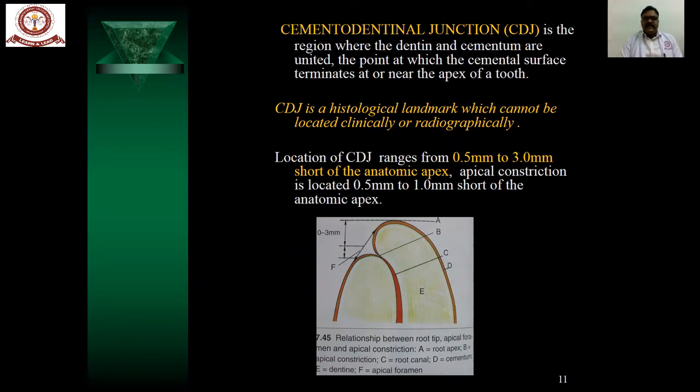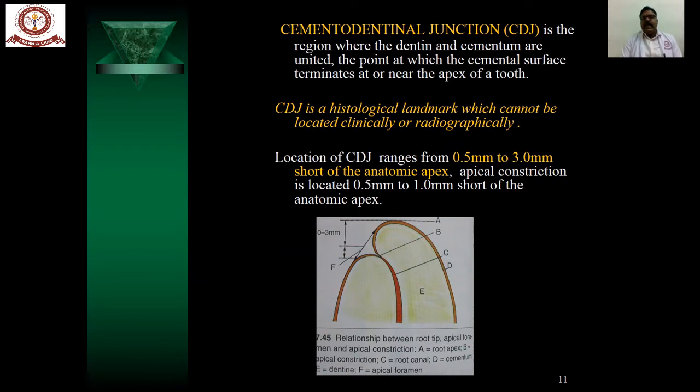Historically, the CDJ landmark cannot be located, whether clinically or radiographically. You can't locate the CDJ landmark. So where does it actually lie? The location of the CDJ ranges from 0.5 mm to 3 mm short of the anatomic apex.